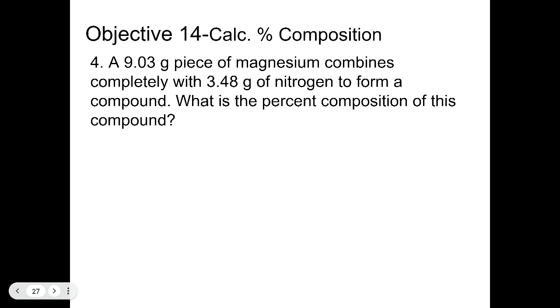But to save us a little bit of division and multiplication and overall in general headache, in my opinion, we're just going to say if 72.2% of it is magnesium, that means the rest of this compound has to be nitrogen. So we're going to say 100 minus 72.2 is 27.8. So if 72.2% of it is magnesium, 27.8 has to be nitrogen because these 2 percentages added together need to be 100.